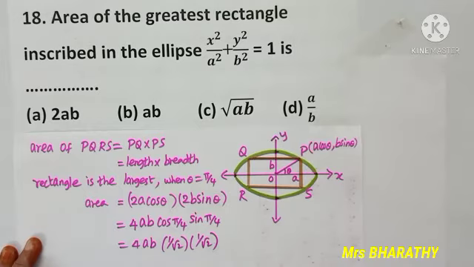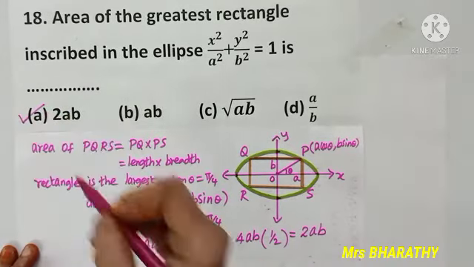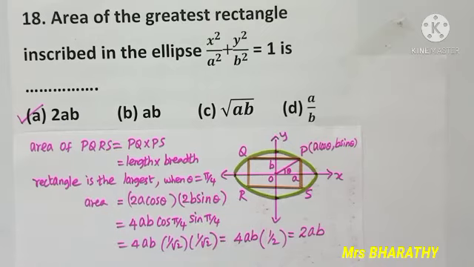We remember cos pi by 4 is 1 by root 2. Sin pi by 4 is also 1 by root 2. As we simplify, it is 4AB into 1 by 2, cancelling which we arrive at 2AB. So the right option is A, which is 2AB.